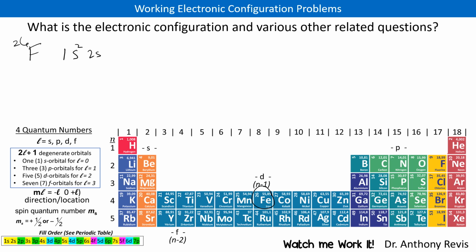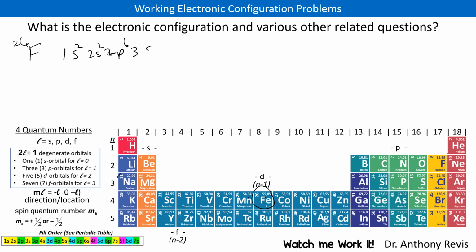1s2, 2s2, 2p6. I know I have to work until I get to a 3d6, 1, 2, 3, 4, 5, 6. So let me keep working until I get to 3d6. So 2s2, 2p6, 1, 2, 3, 4, 5, 6. Now I'm down to here. There we go.